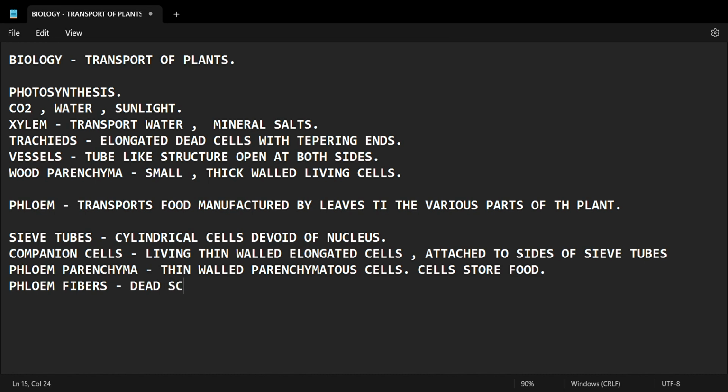Now the phloem fibers are dead sclerenchyma fibers formed of elongated cells.